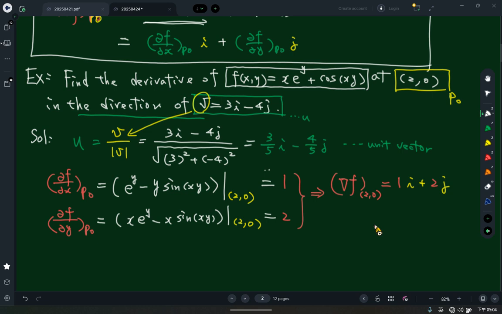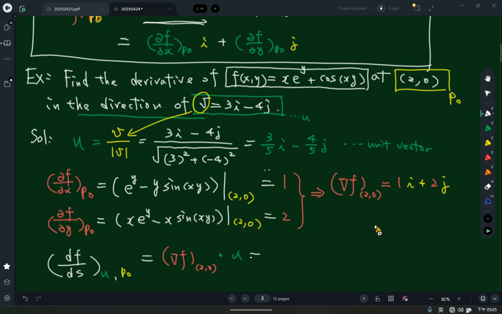So the df over ds at p0 following the u direction is equal to gradient f at (2, 0) dot product u.